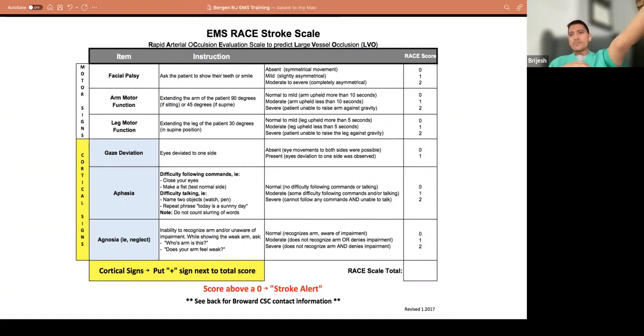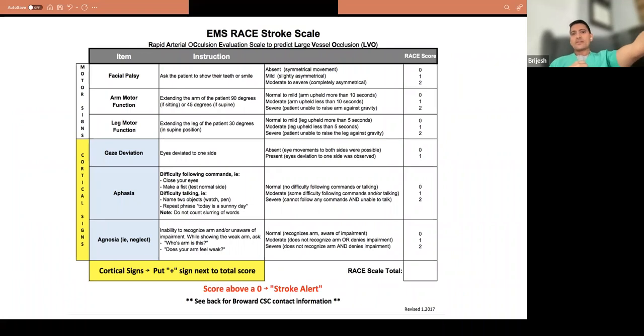And you want to start counting up to 10 seconds, 1, 2, 3, etc. And if their arm starts to drift, but it doesn't hit the stretcher at all, then it's basically a 0, okay? That it's normal to mild, that they're able to sustain it for 10 seconds, even with a slight drift, but overall, they're able to keep it completely anti-gravity for a full 10 seconds.